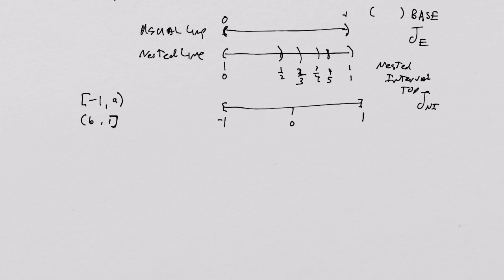So this is a half open interval and a half open interval going from -1 to A and from B to 1. But there's a restriction. In this case, A must be greater than 0, and in this case, B must be less than 0. So that's very interesting because A will always be here and B will always be here.